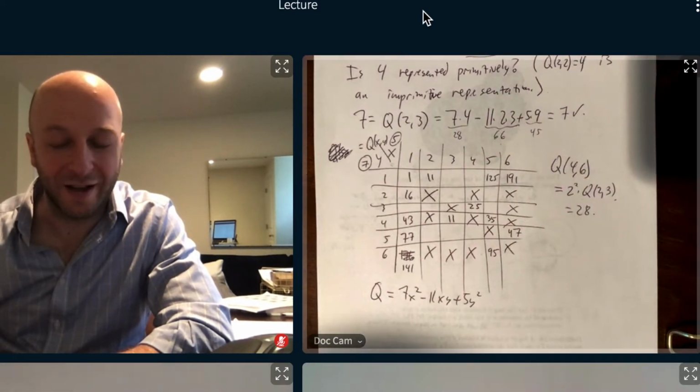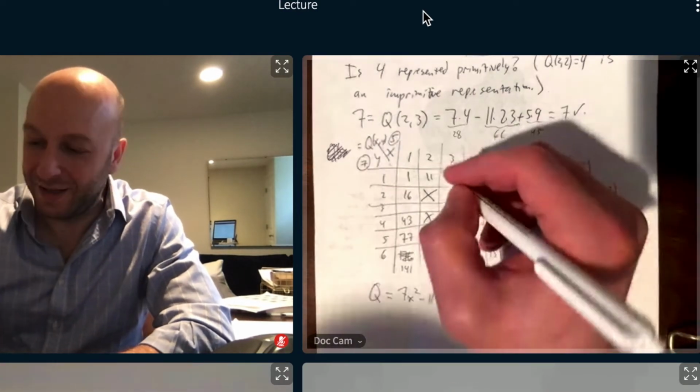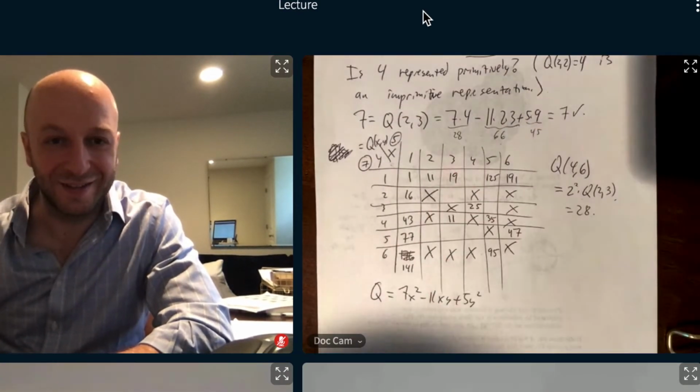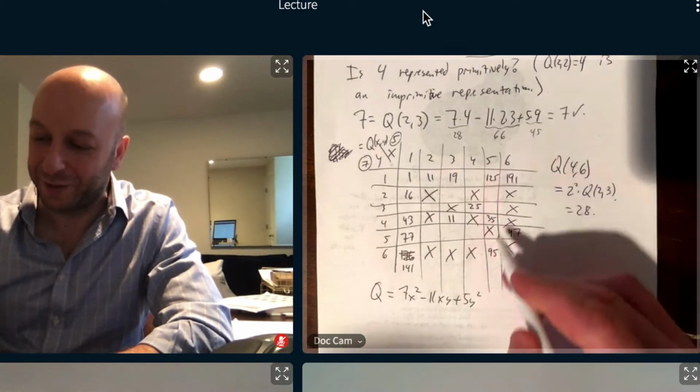Sriya and Karen have some more coming in. 1 3 is 19. Daniel's got one. 5 6 should be 25, not 95.